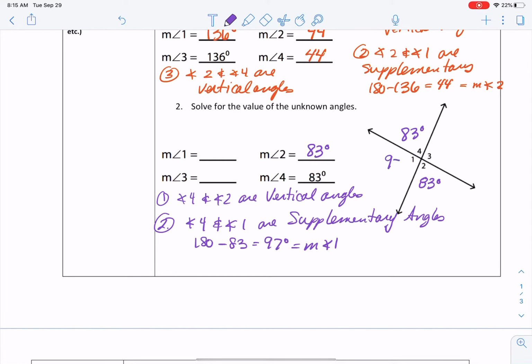So this is 97. So then I can say that angle 1 and angle 3 are vertical, which means that angle 3 is 97 degrees. So you have to write the justification before you can set up any equations.